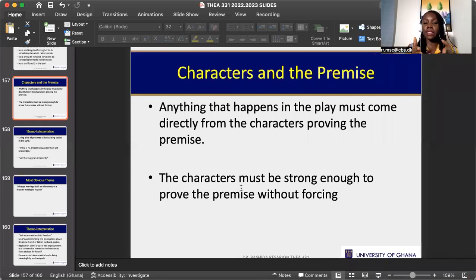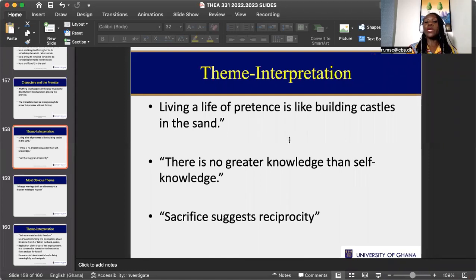Everything is coordinated towards saying something the playwright wants to say at the end of the day. And so the characters must be strong enough to prove the premise or the idea of the play without forcing it. And so last week when we discussed the premise, we said that living a life of pretense is like building castles in the sun.